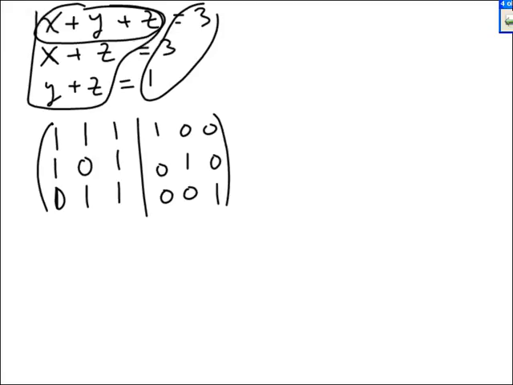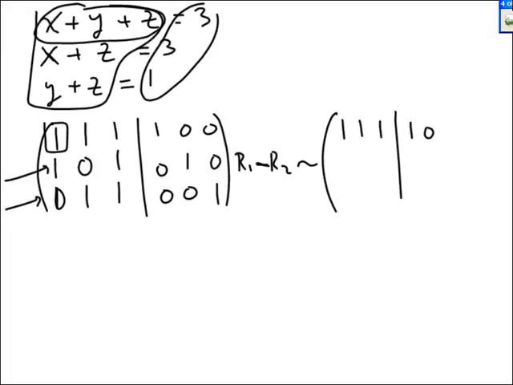This entry is non-zero, which is good. I want to get what's beneath it to be 0. That is, I want to get that 1 to be 0. So I'll just do row 1 minus row 2. The first row, no change. The third row, no change.